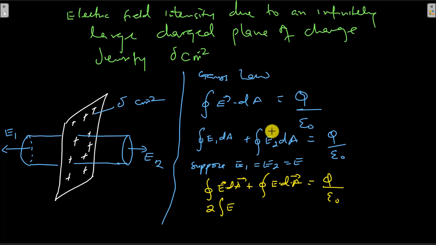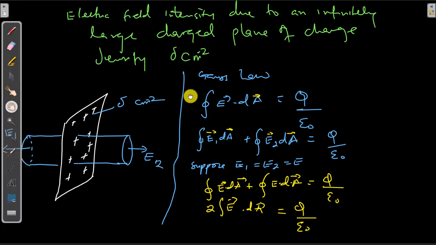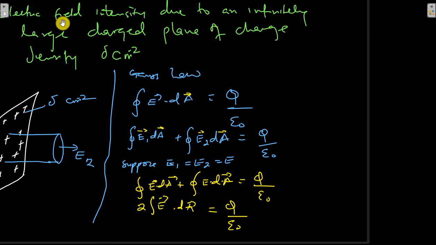I make this mistake commonly, so just bear with me. So the E field dot dA equals the charge enclosed in the Gaussian surface divided by epsilon naught.